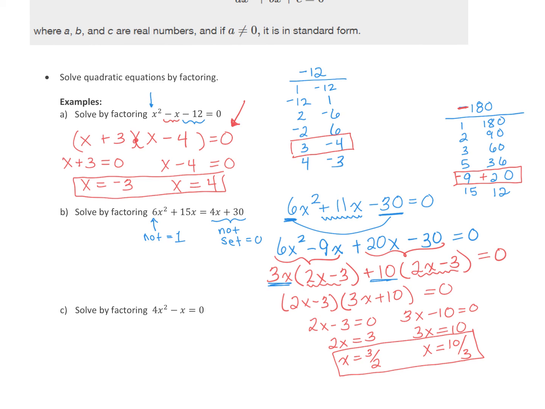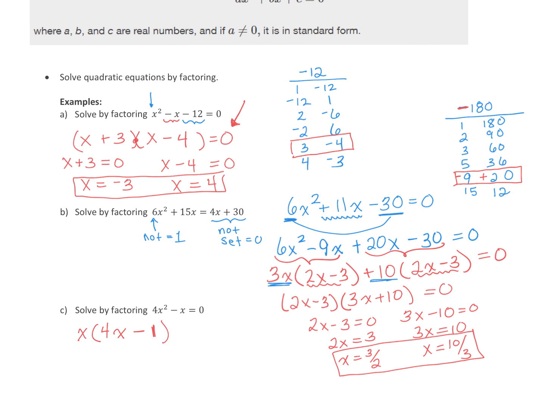For our third example, we want to factor, and notice that this one is not a trinomial. This is just a binomial. But like always, we want to look for a greatest common factor first. And I noticed that we have a factor of x. That's going to leave me 4x minus 1.